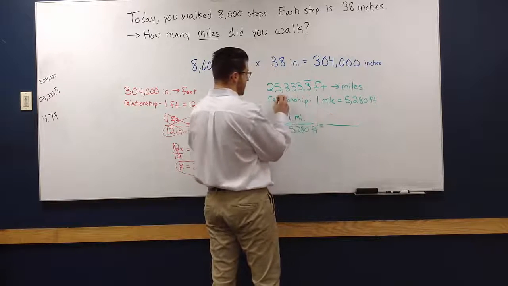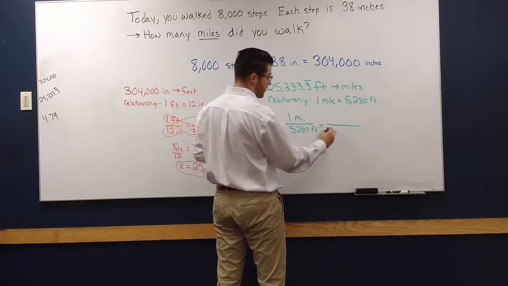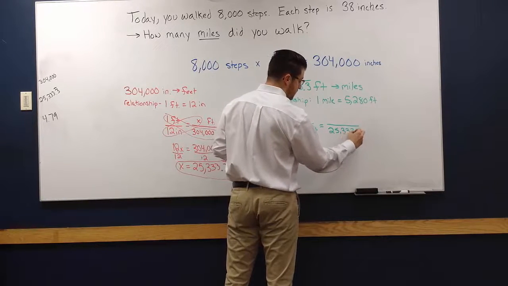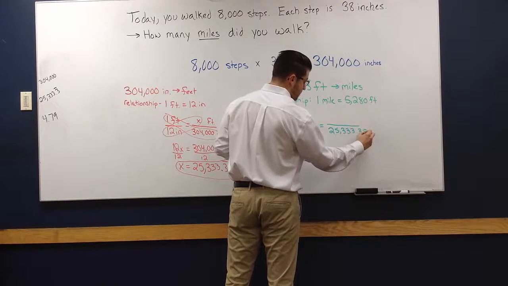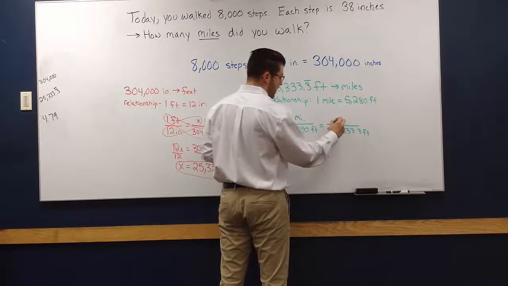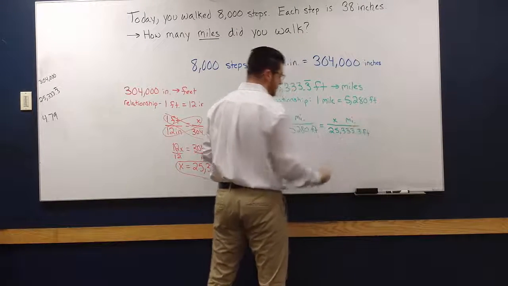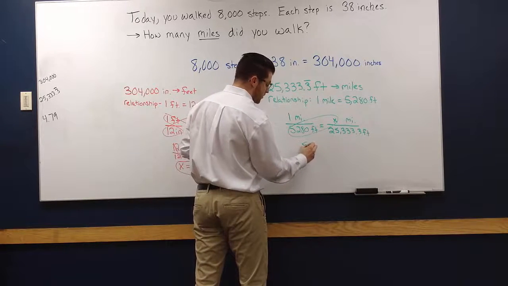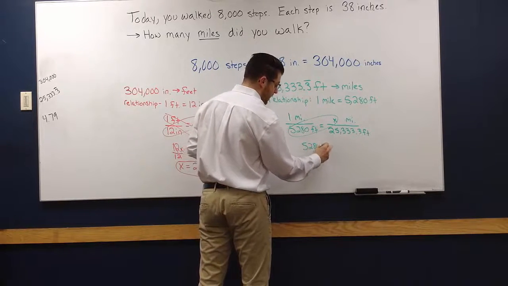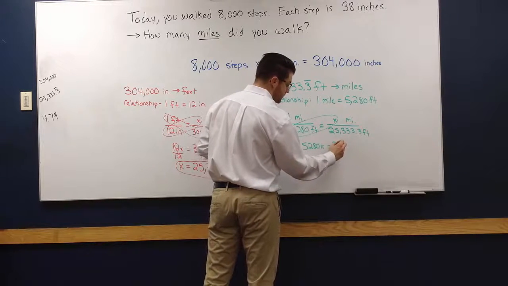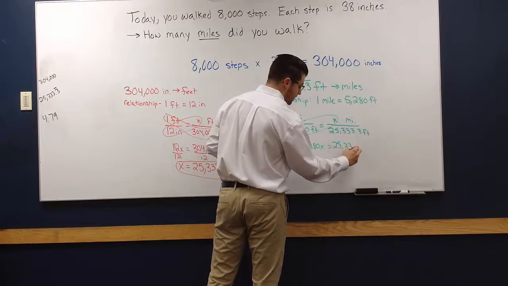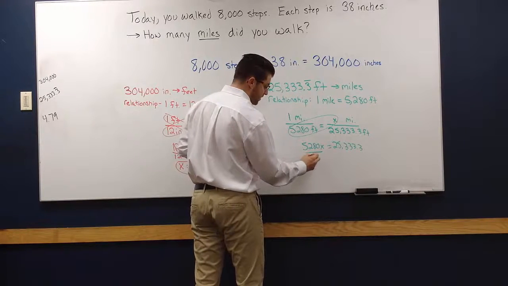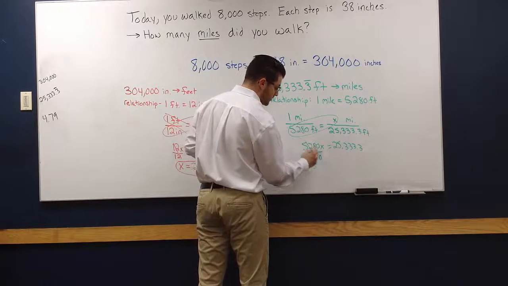So let's line everything up. This is feet, so it's going to go on bottom. And we're looking for miles, x miles. Again, cross multiply. 80x equals, divide to get x alone.